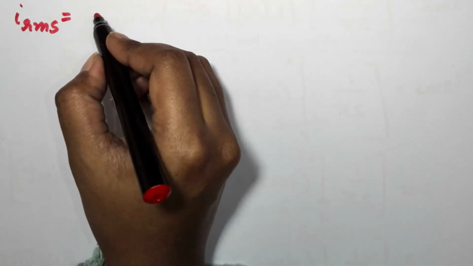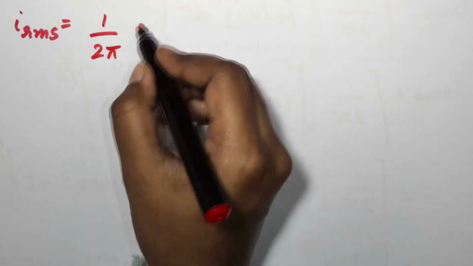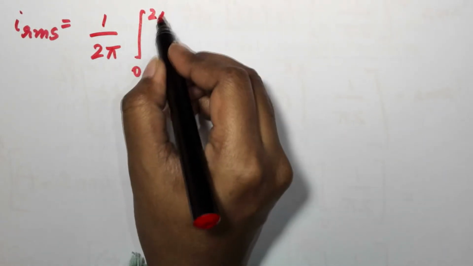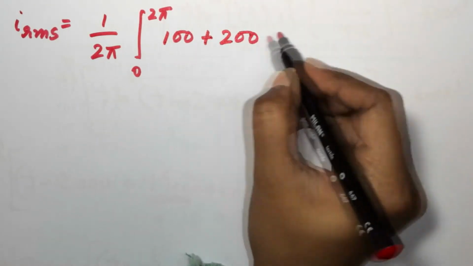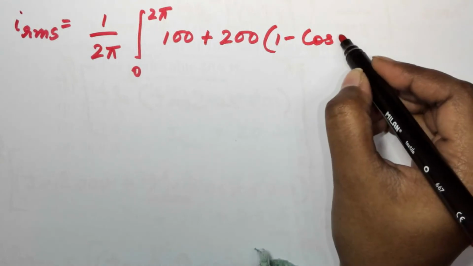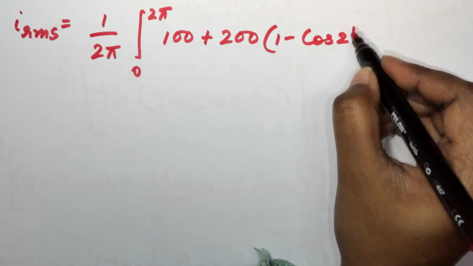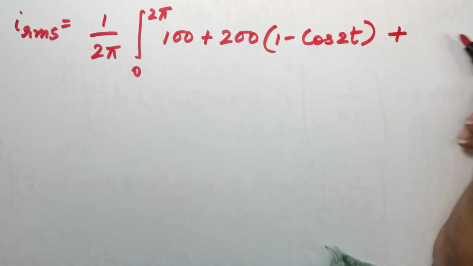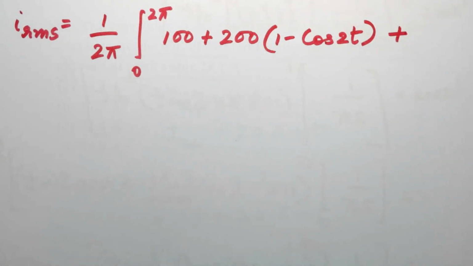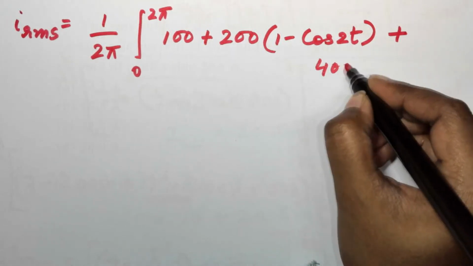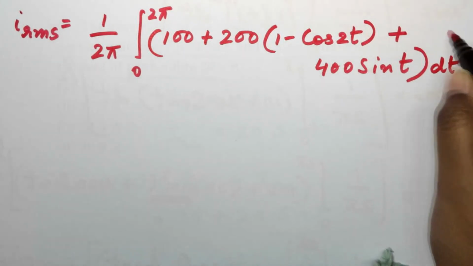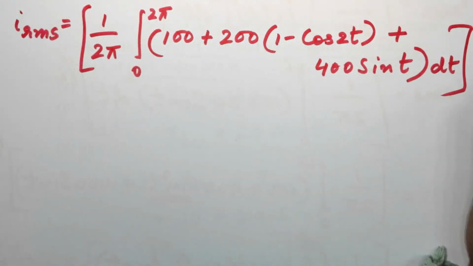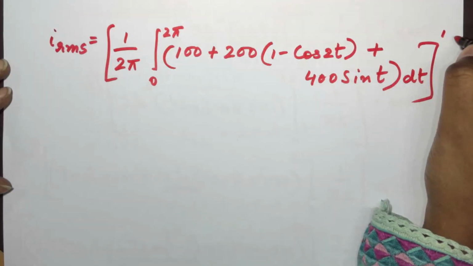And we now have IRMS is equal to 1 by 2 pi into integral of 0 to 2 pi, 100 plus 200 times 1 minus cos 2t plus 400 sin t dt, and the entire thing is under root, power 1 by 2.